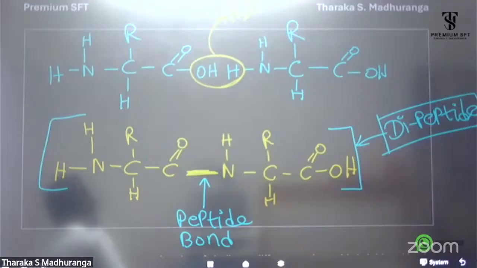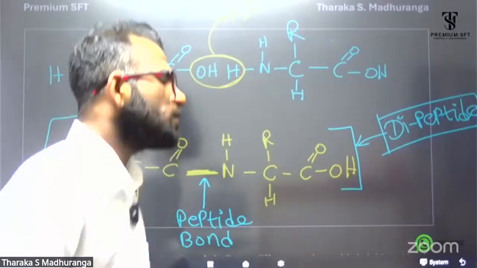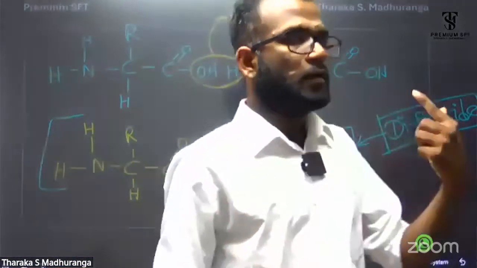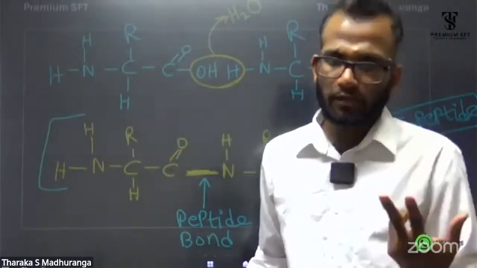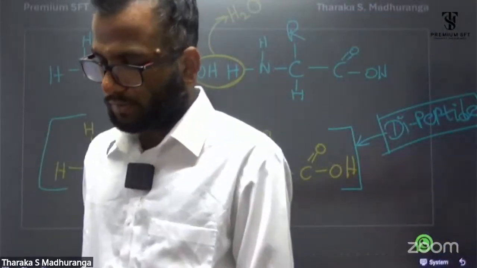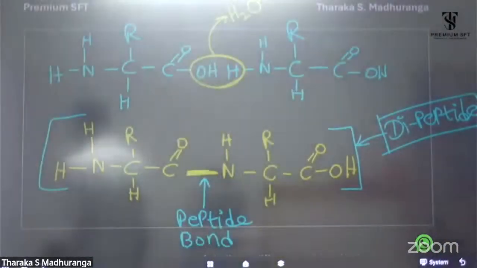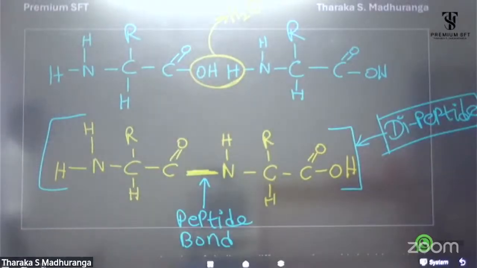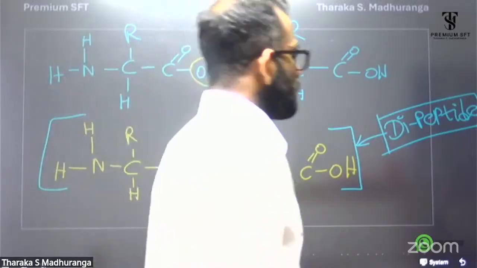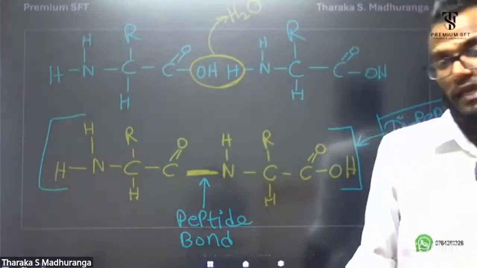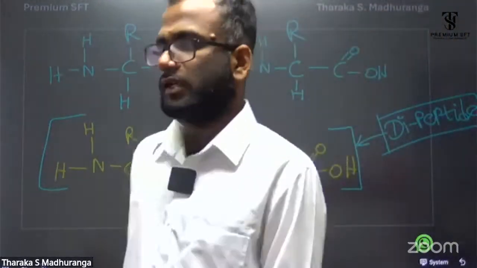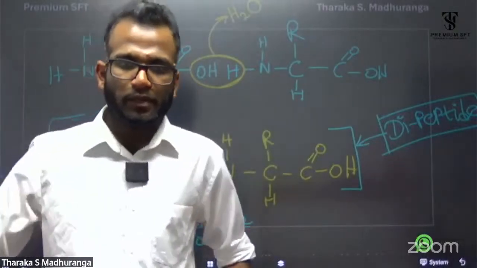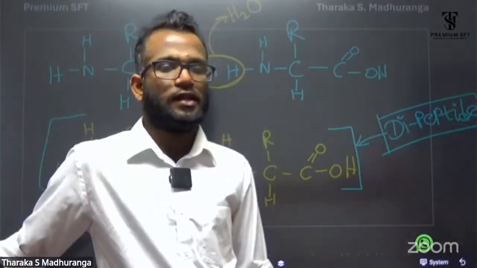After proteins, we have enzymes, lipids, and vitamins, only three parts. In our new syllabus, we don't have to learn about nucleic acids. DNA and RNA have been removed from the new syllabus.